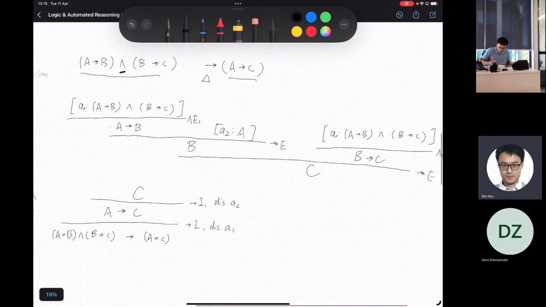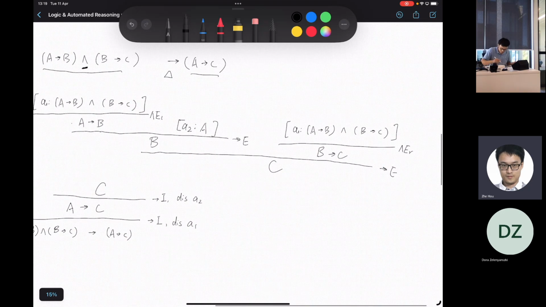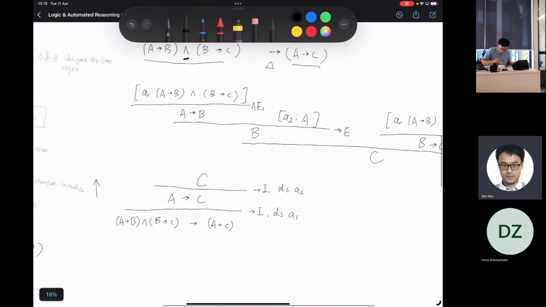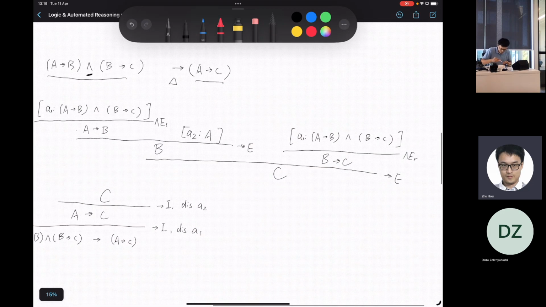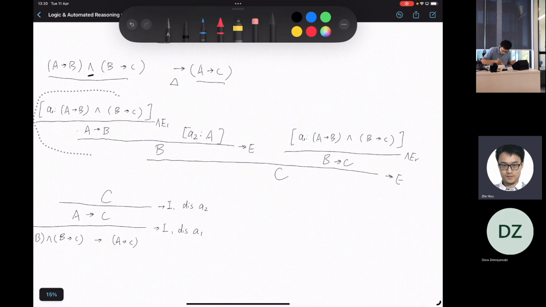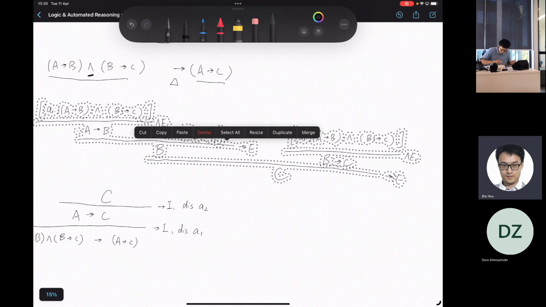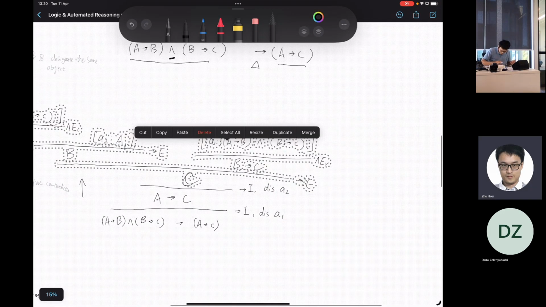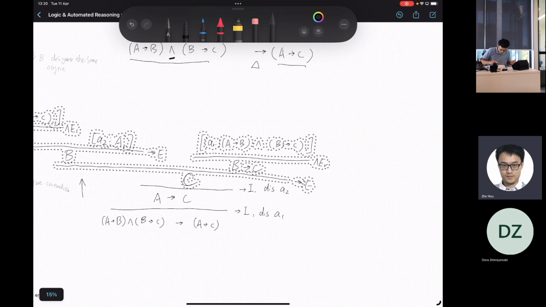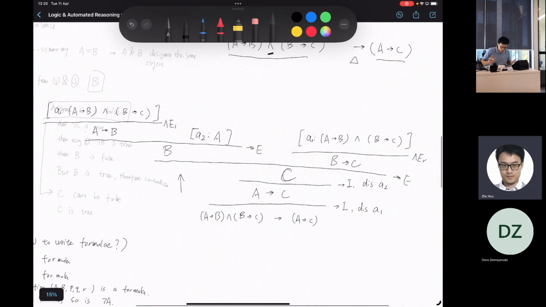So we've already completed the proof, right? We just need to connect the dots basically. So I'm going to move this whole part. This is exactly what we need here. All right, and then we've got this proof, and that's completed.